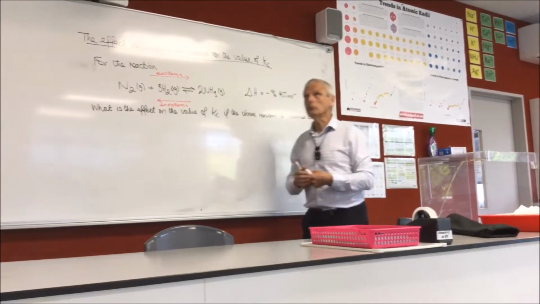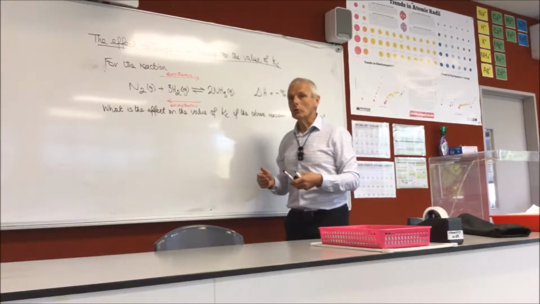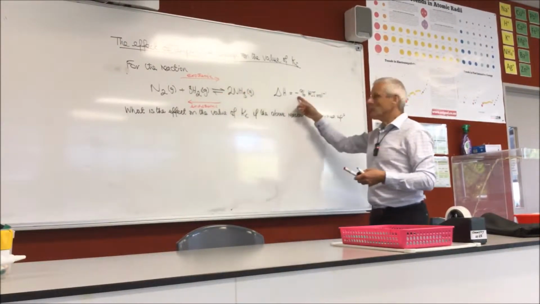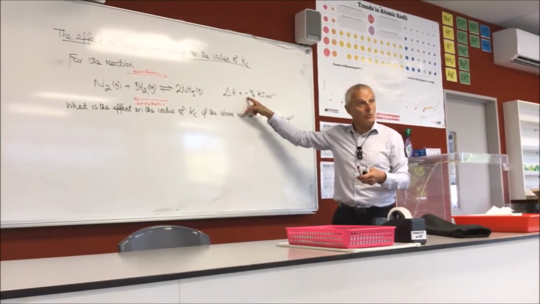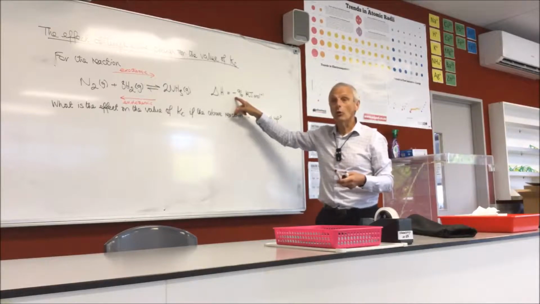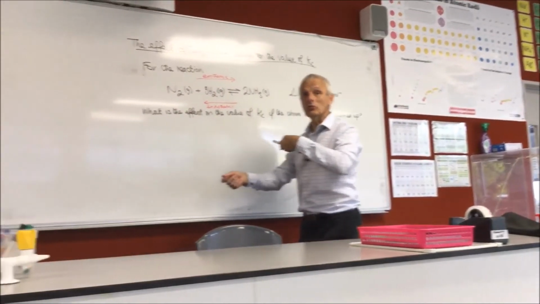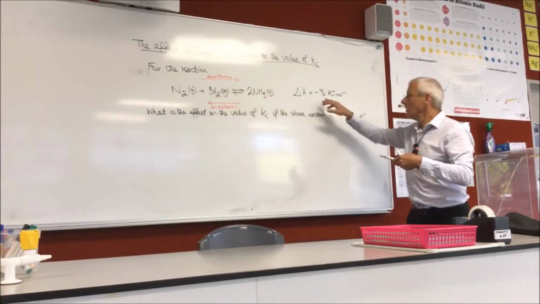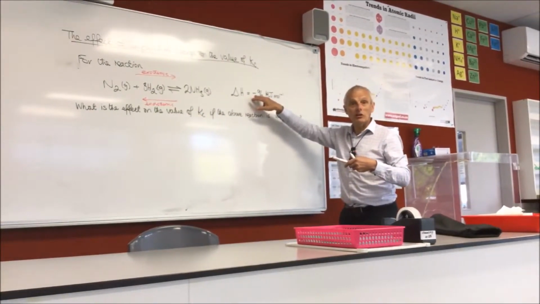Sometimes, they may even throw you another curveball by changing that the other way round and then just putting plus there. Because you can do that, as you'll see when you get to year 13, when you do something called Hess's law. If you change a reaction round, so that the products are now the reactants and the reactants are now the products, you just basically change the sign here.